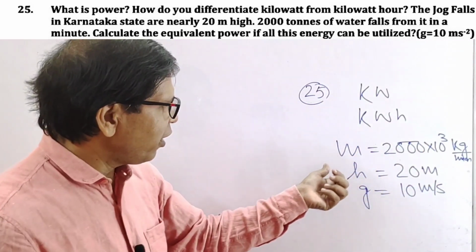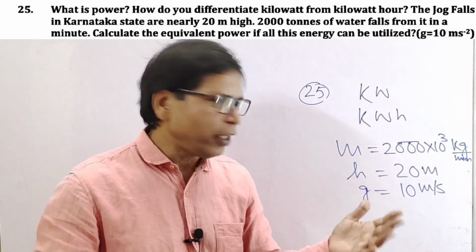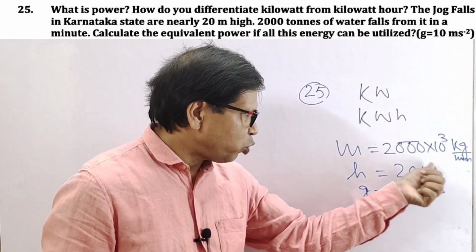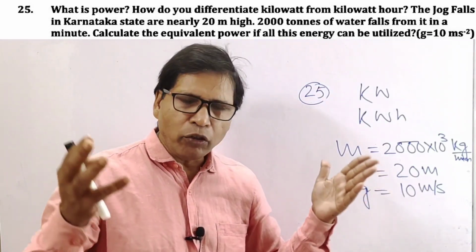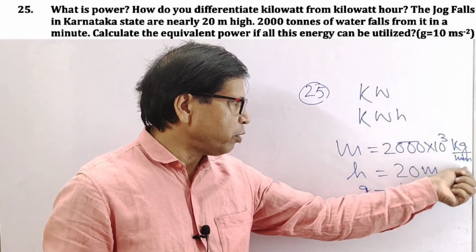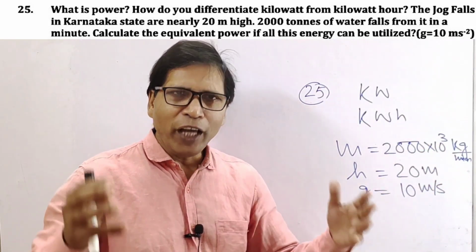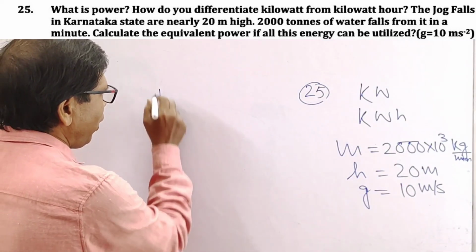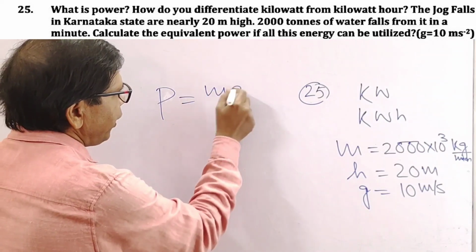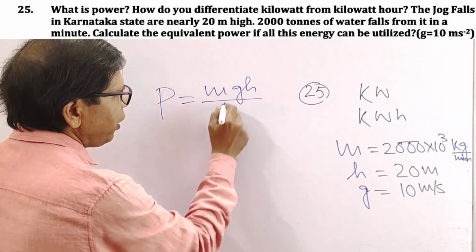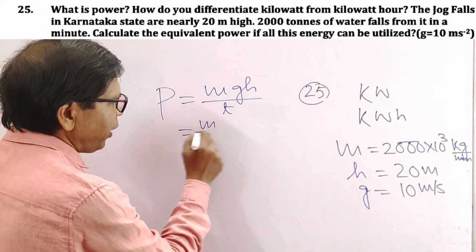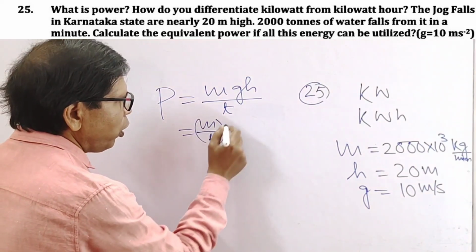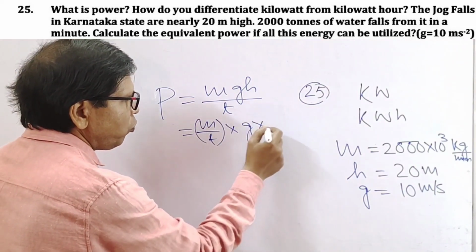Now next question. The height of Jog Falls in Karnataka state is 20 meter. 20 ton water falling per minute from this fall. We have to calculate the equivalent power. Here power P equal to mgh divided by T. Now m by T, that is the rate of falling water, into g into h.